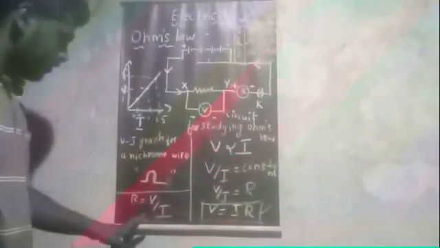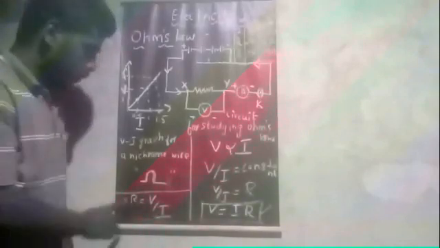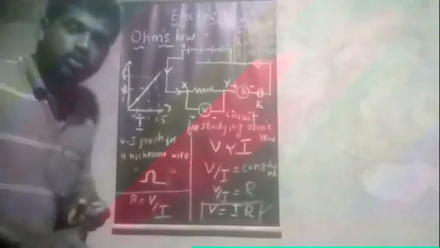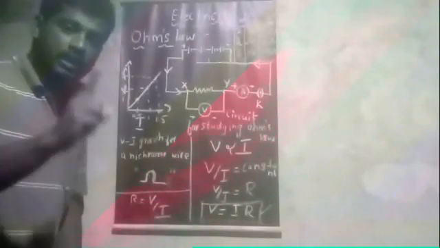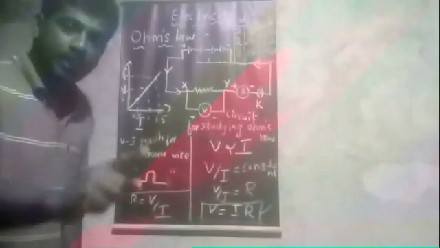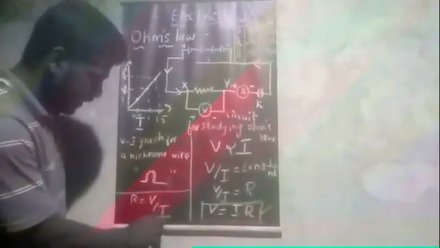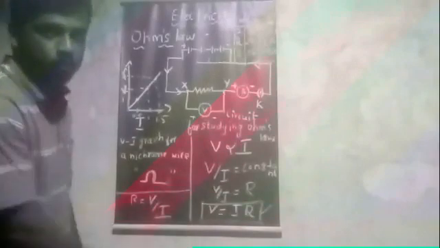So from this we can get when we will get 1 ohm. Suppose the potential difference across the 2 points of the conductor is 1 volt and electric current of 1 ampere is flowing through it, then we will get resistance equal to 1 ohm. That is 1 volt by 1 ampere is equal to 1 ohm.